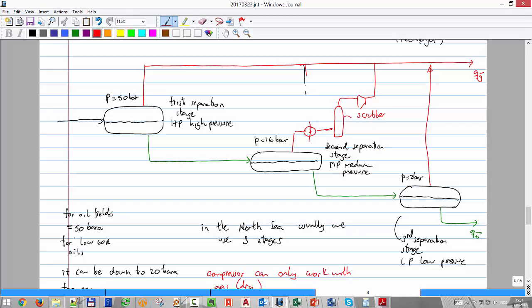Okay, and this will have some liquid coming down, so maybe I should put it differently.